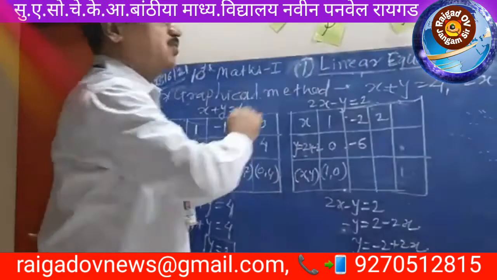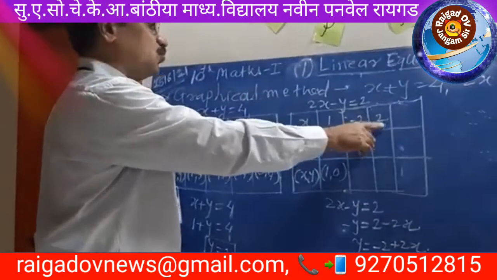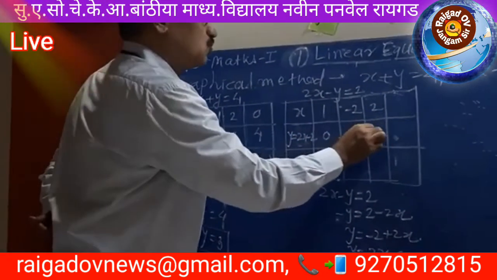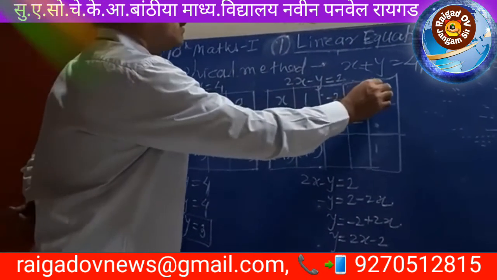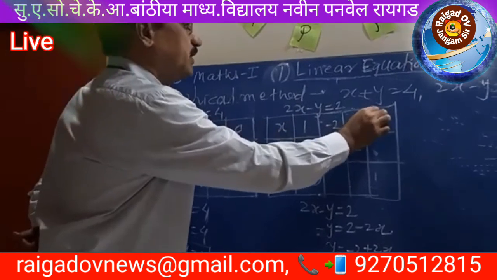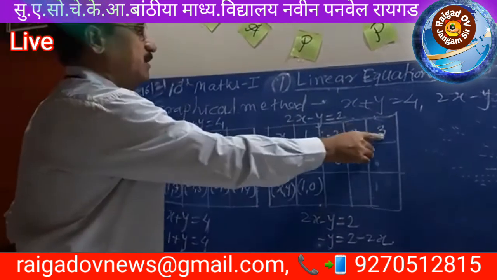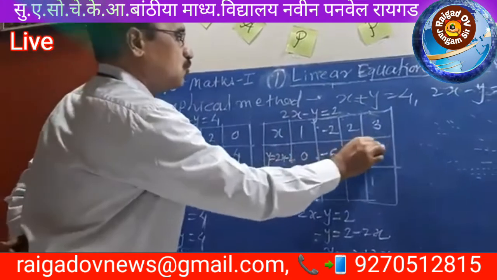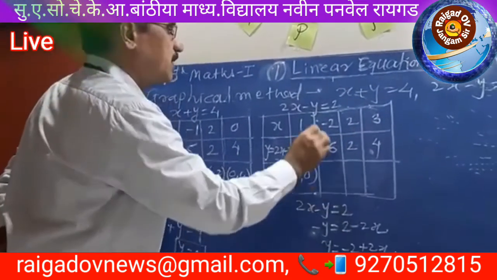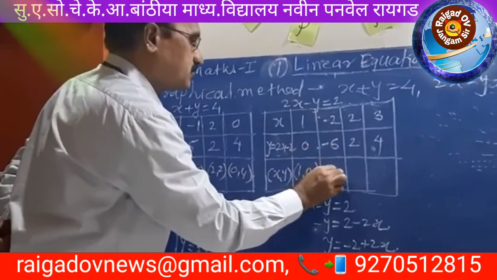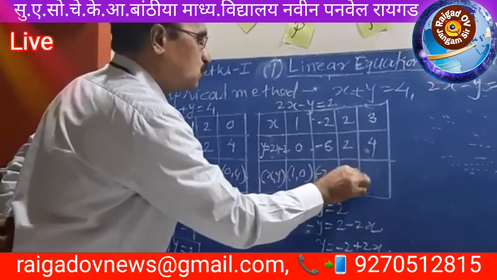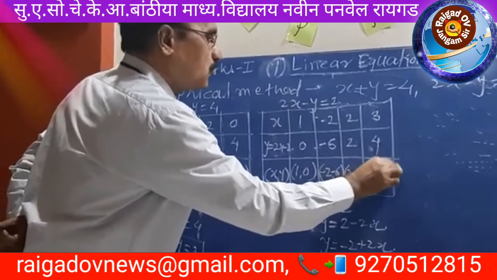Suppose we take x is plus 2. 2 into 2, 4. 4 minus 2, 2. And next value is suppose 3. x is 3. 3 into 2, 6. 6 minus 2, 4. These are the coordinates: (1, 0), (minus 2, minus 6), (2, 2) and (3, 4).